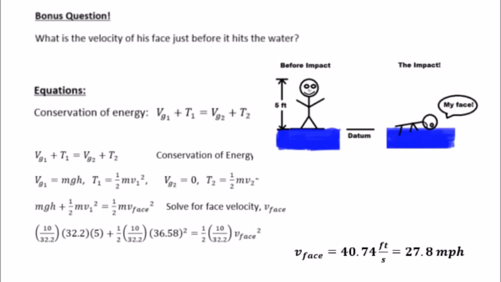We can use this velocity to solve for the kinetic energy during the impact between the wakeboarder's face and the surface of the water using the conservation of energy equation.